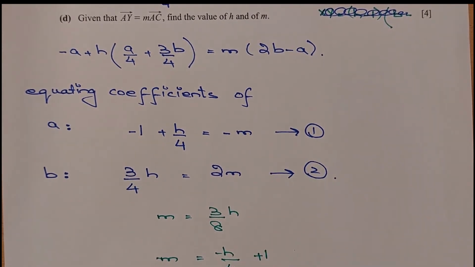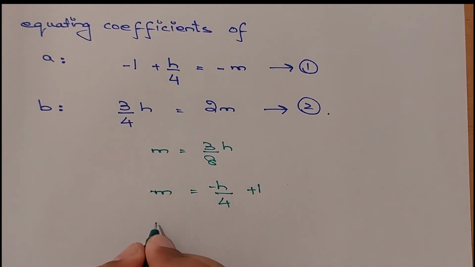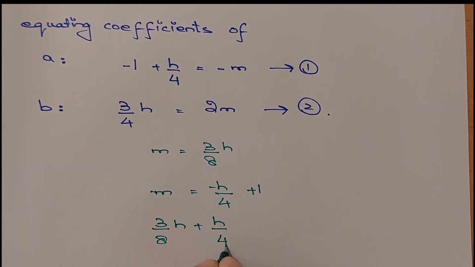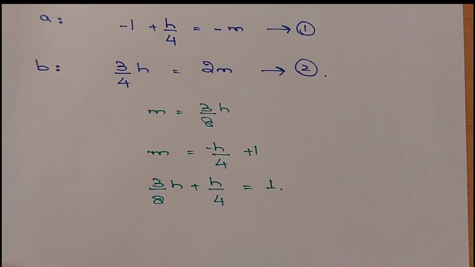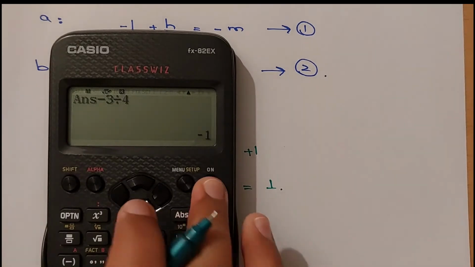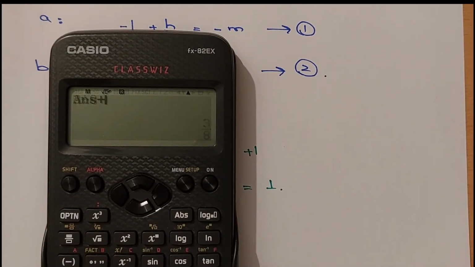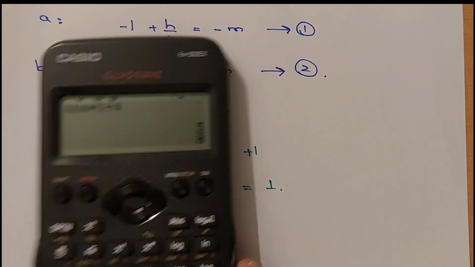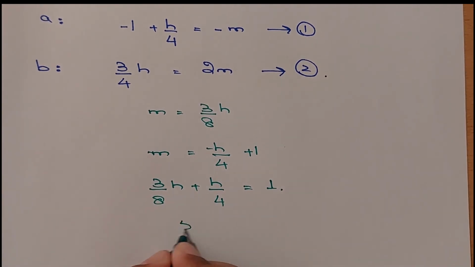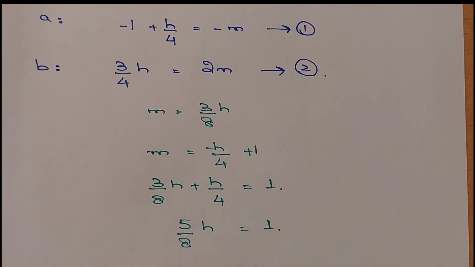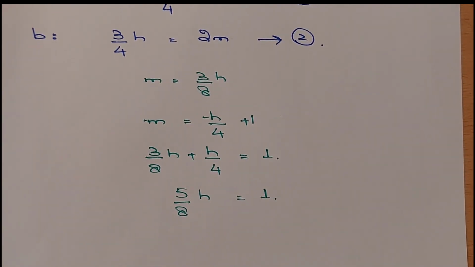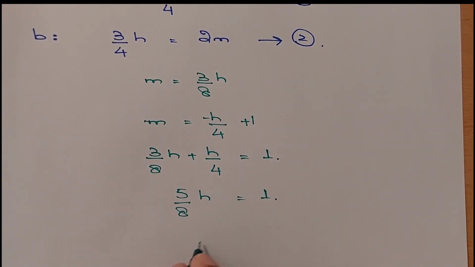This is the first equation. So substituting the m, we have 3 by 8h plus h by 4 equals 1, and the value 3 by 8 plus 1 by 4. 3 divided by 8 plus 1 divided by 4 is 5 by 8. So 5 by 8 h equals 1, and taking a reciprocal, h is going to be 8 by 5.